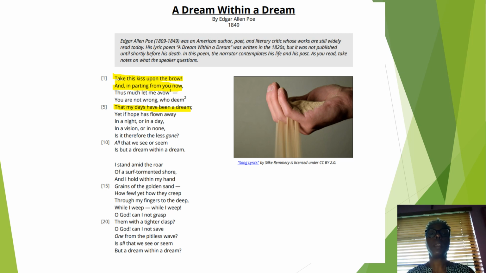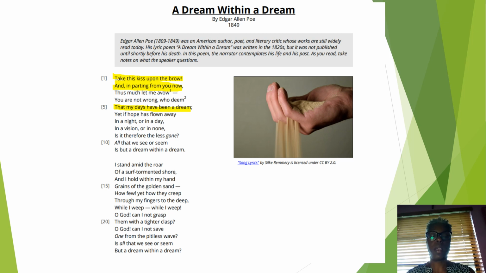The speaker gives the person a kiss. Could it be a goodbye? He would never see the person again? He is saying that although his days or time spent with this person will no longer exist, hope will never fade away. He will always have hope that maybe one day he will see the person again.